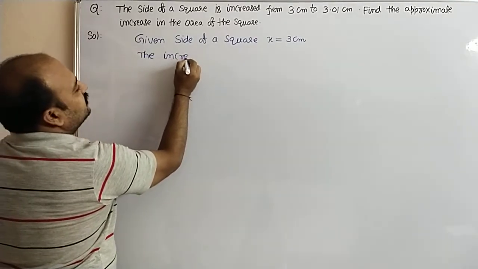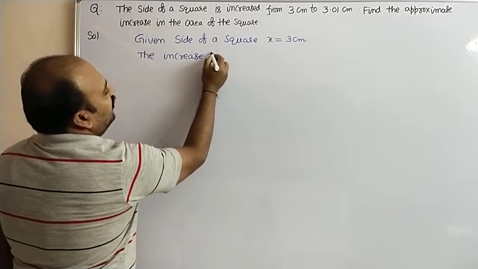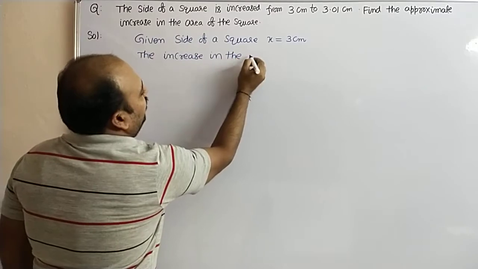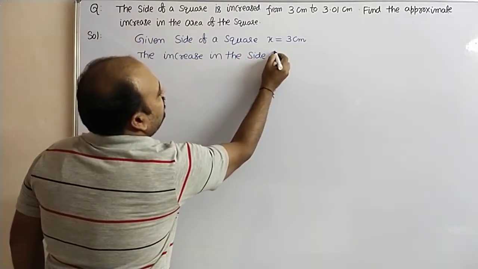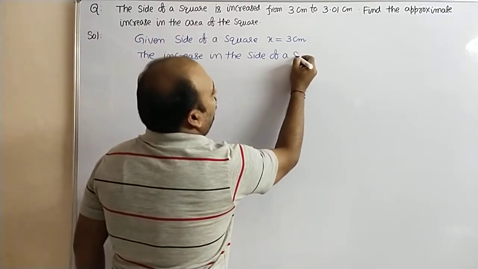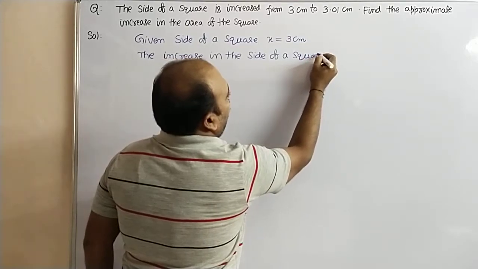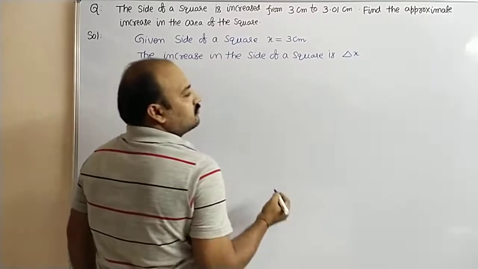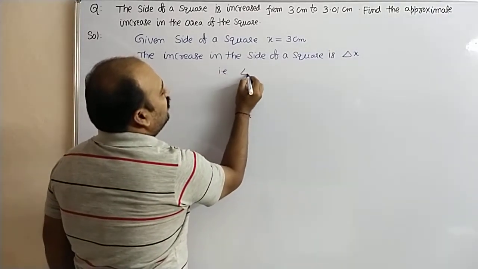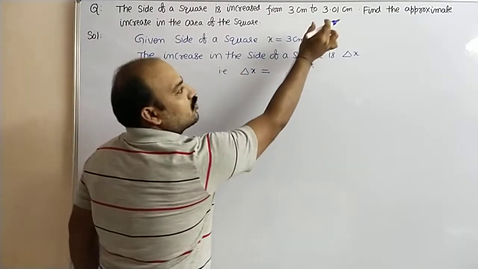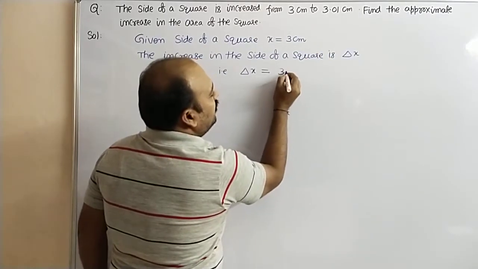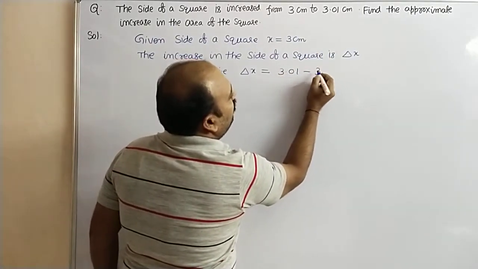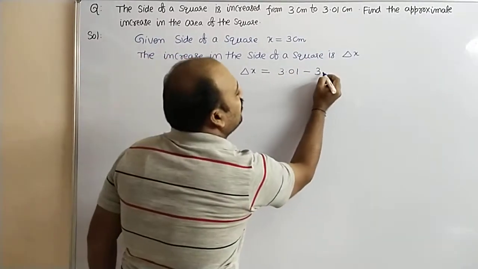The increase in the side of a square is delta x. How to calculate: from 3.01 we have to subtract 3, and 3 means 3.00.